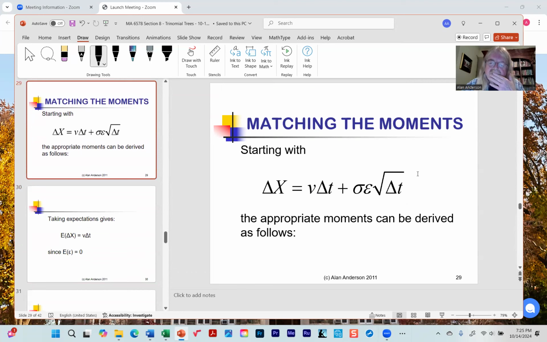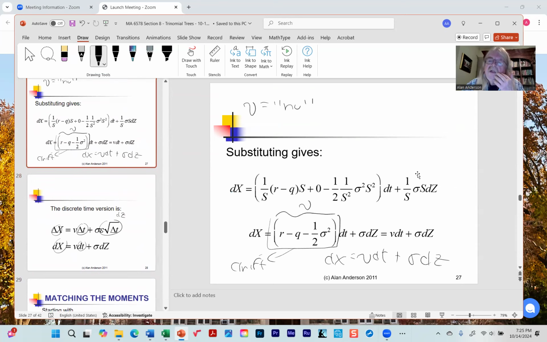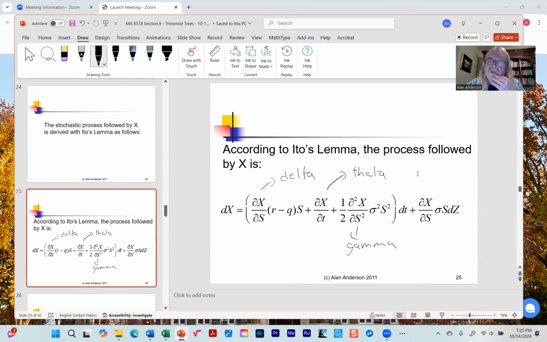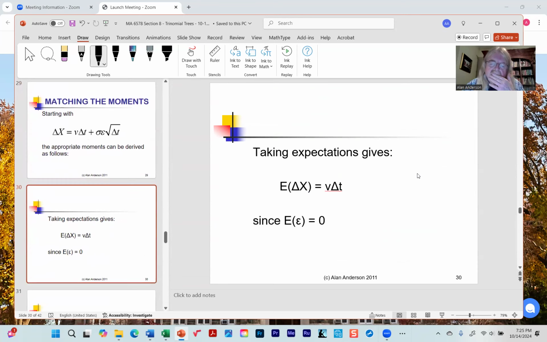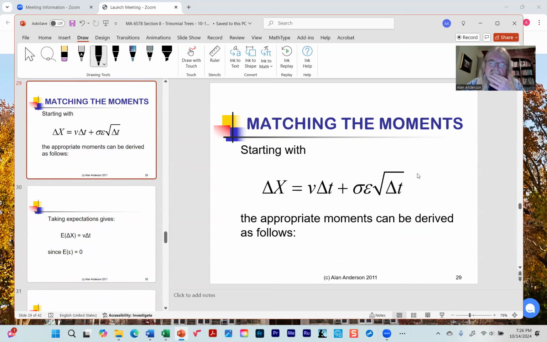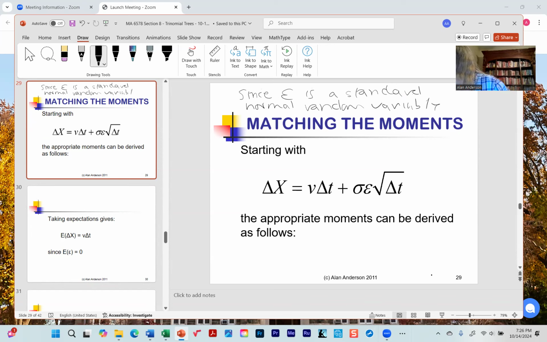Well, we're going to make sure that whatever we pick, the expected value of those 3 branches is the new dt, or new delta t. Oh, by the way, one more thing. Don't forget, since epsilon is a standard normal random variable, that implies that the expected value is 0.